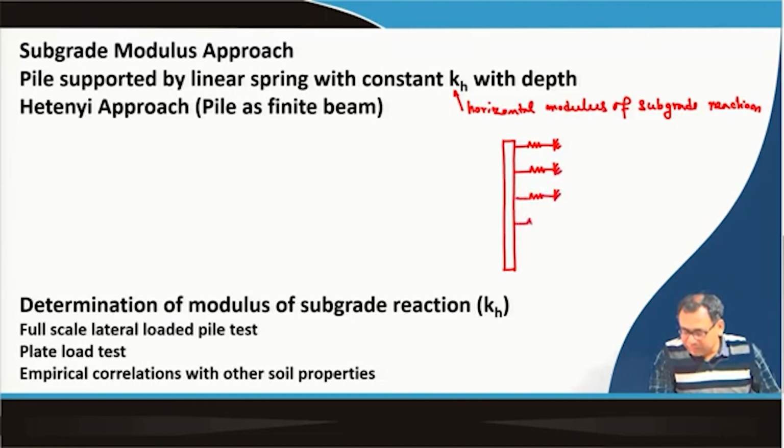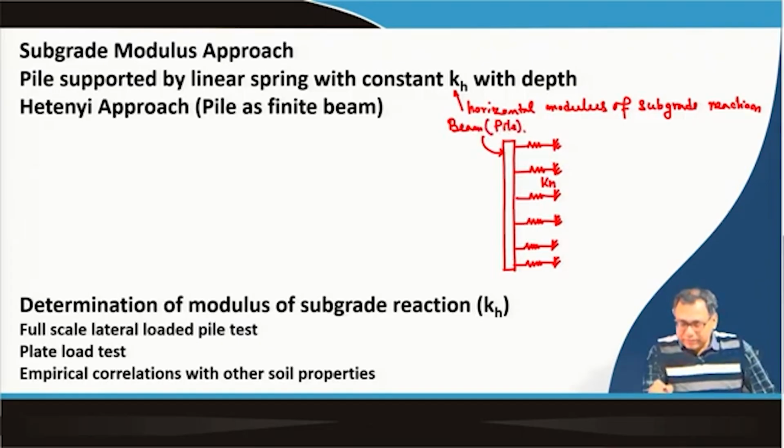These are the springs connected with the pile, and the pile is modeled as a beam. This is the spring whose modulus of subgrade reaction is kh, and this is the beam, which is basically the pile. So, this is the concept of this approach.